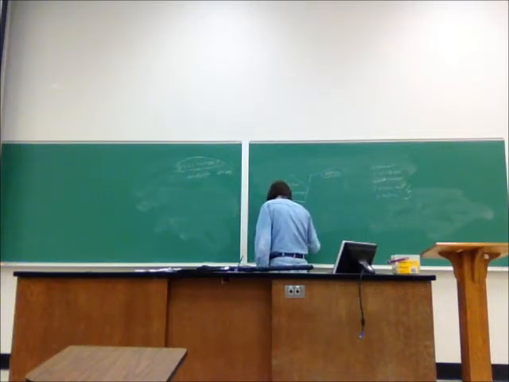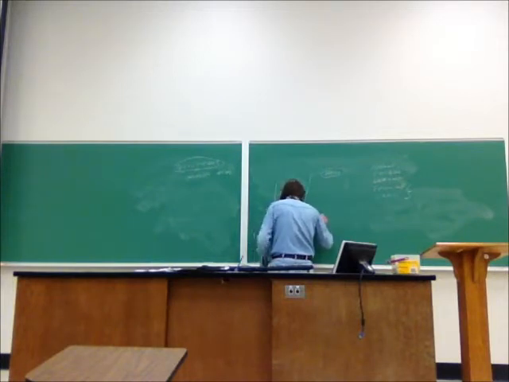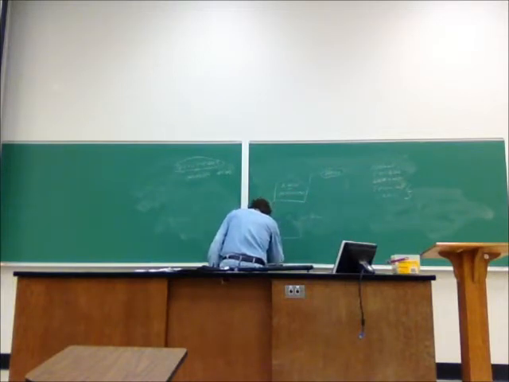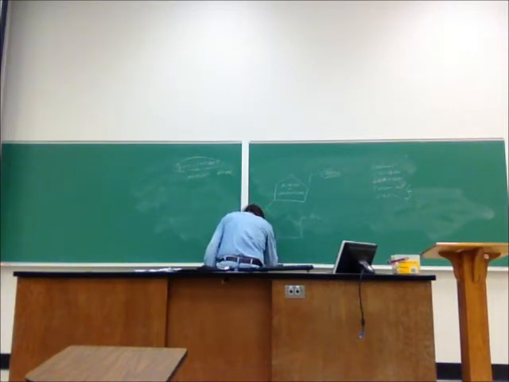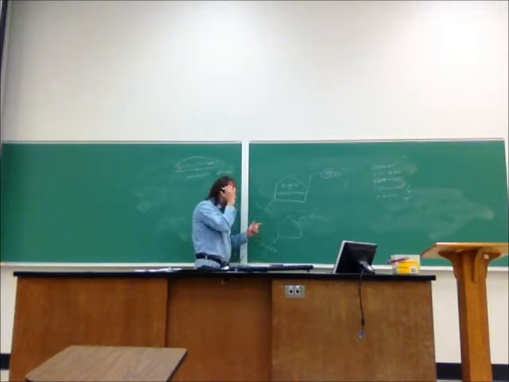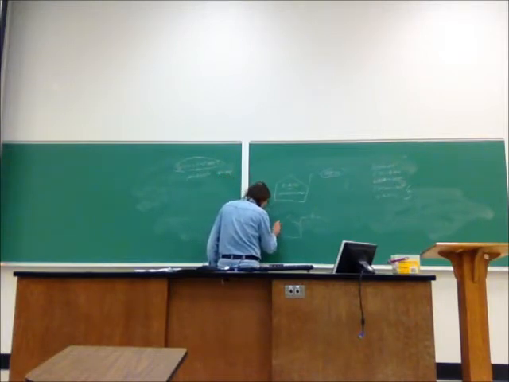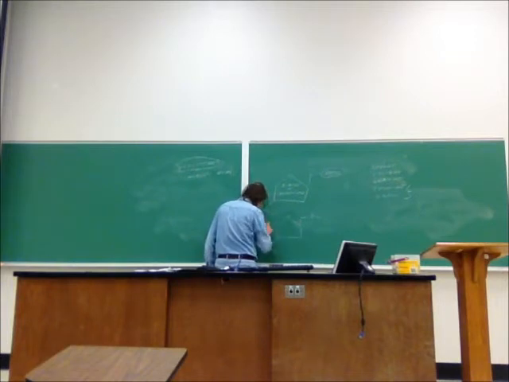So here's our sugar, here's our base, here's our other phosphate. Now what we're going to do here is this. There's going to be an OH group over here, or rather a hydrogen over here.